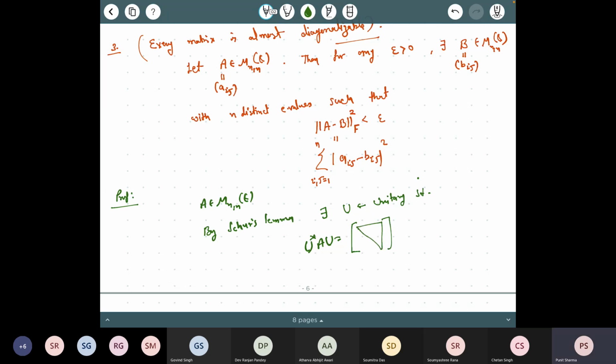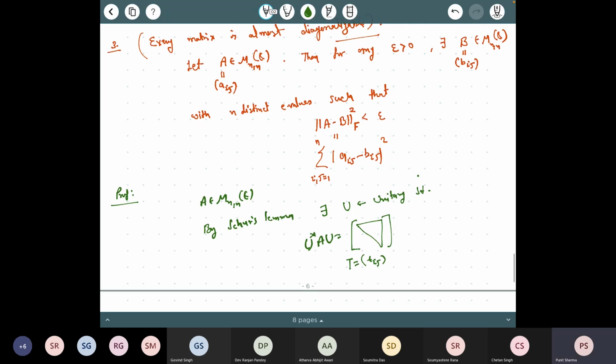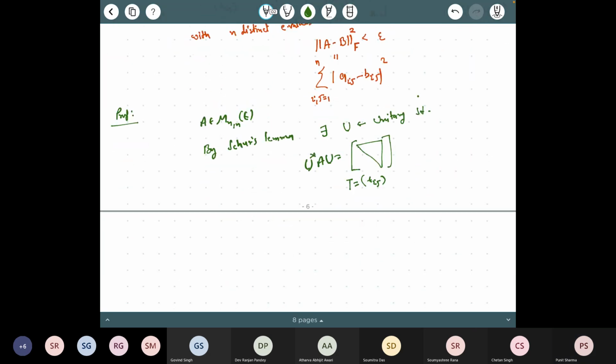Let us denote this upper triangular matrix, with entries Tij, as T. So this is our upper triangular matrix. From here I can say A is nothing but U T U star.